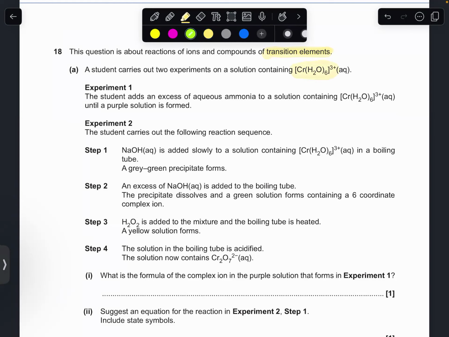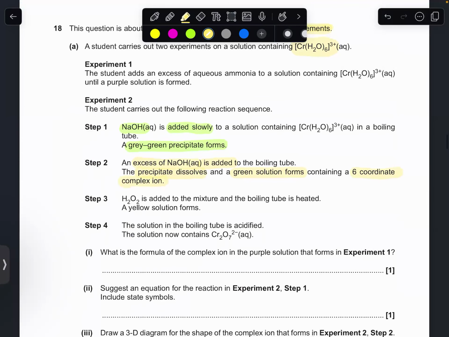Sodium hydroxide is added slowly to a solution and a gray-green precipitate forms. Then an excess of sodium hydroxide is added and the precipitate dissolves and a green solution forms containing a 6 complex ion.